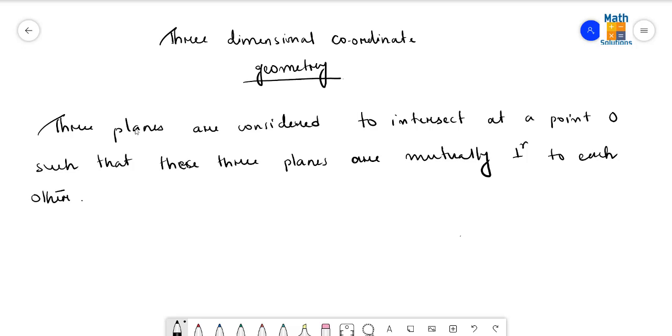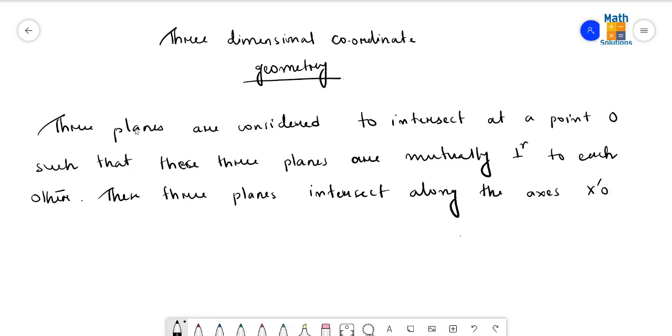Actually, these three planes intersect along the lines, the axes X'OX, then Y'OY, and Z'OZ.